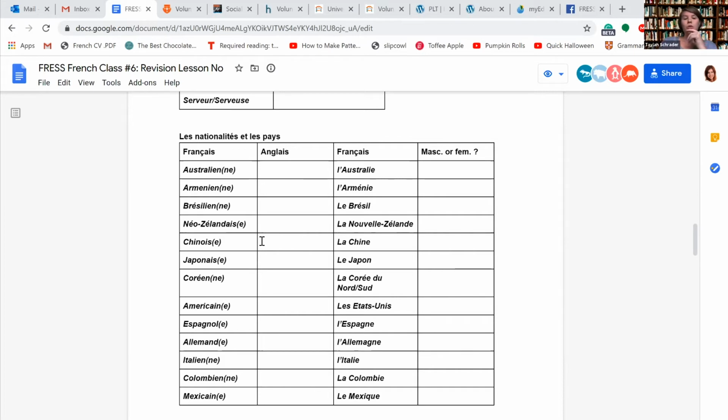We then sort of kick across to the countries, and as you can see, they are either masculine or feminine. An easy trick with the L apostrophe is if it ends in an E, it's usually feminine. Like 99% of countries that end with an E will be a feminine one.